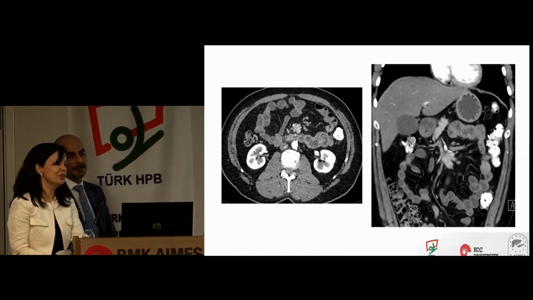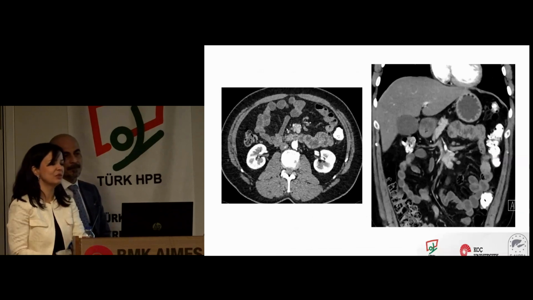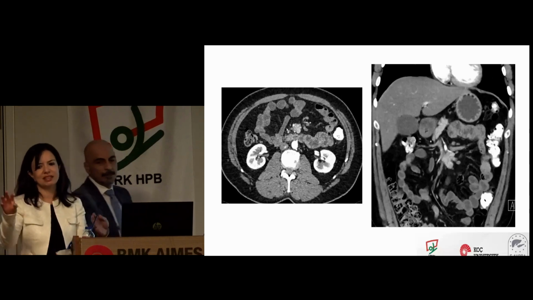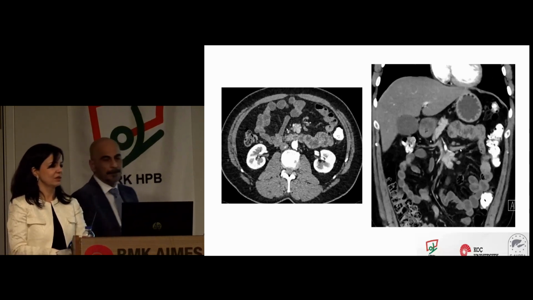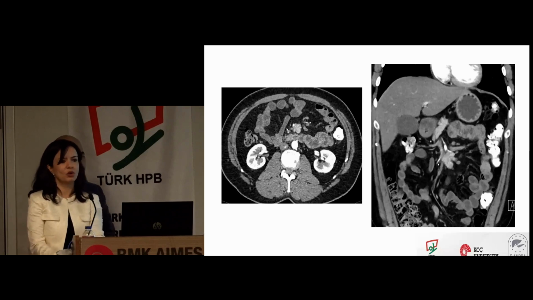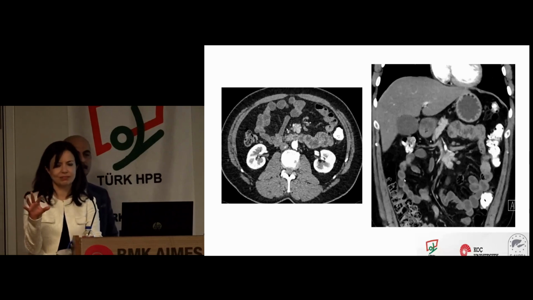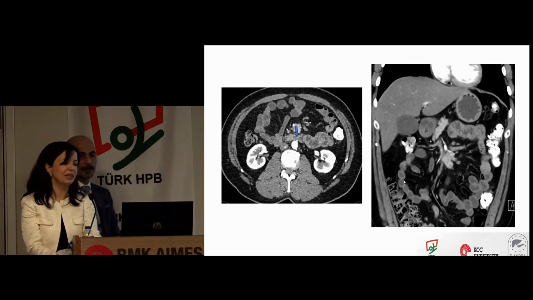Here on the CT image, the first thing you see is a lobulated, nodular, soft tissue, hypervascular structure in the mesenteric bed. You can also see it on the coronal image. It looks discrete from any other organ.